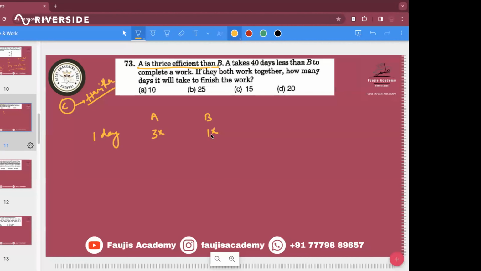In most cases, you can work even without variables, but you might mix it up. So I'm just introducing a variable. If B is doing 1x work in one day, A will automatically do 3x work in a day. That means A is thrice as efficient as B.